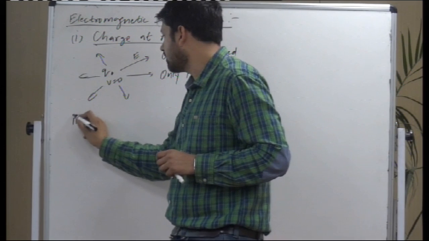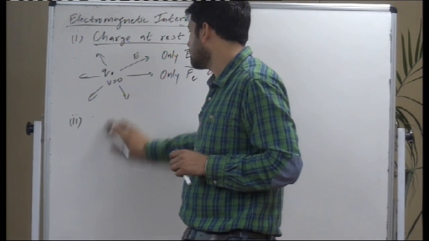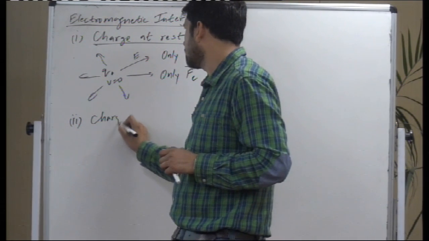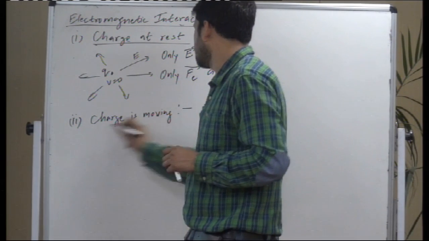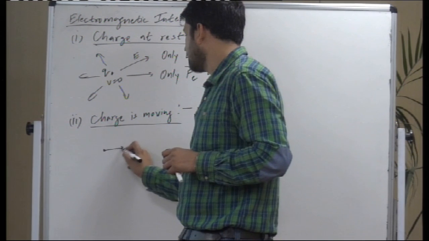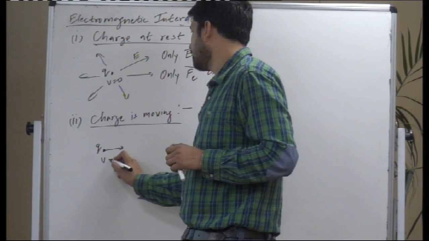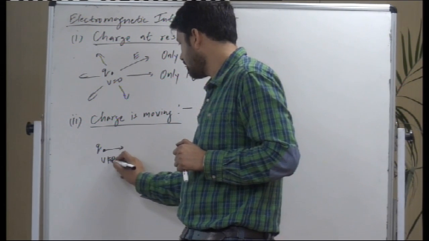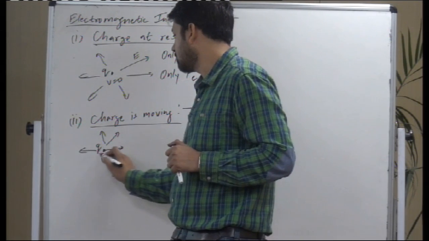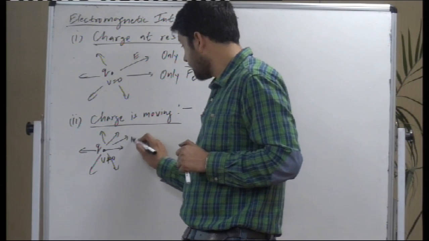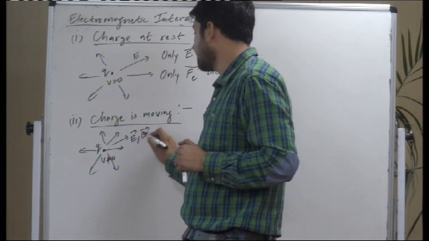What if a charge is moving? When a charge is moving with velocity not equal to 0, it would produce electric field as well as magnetic field.